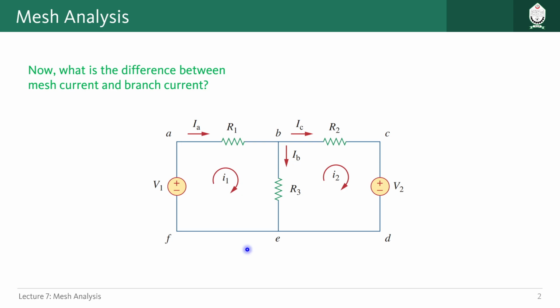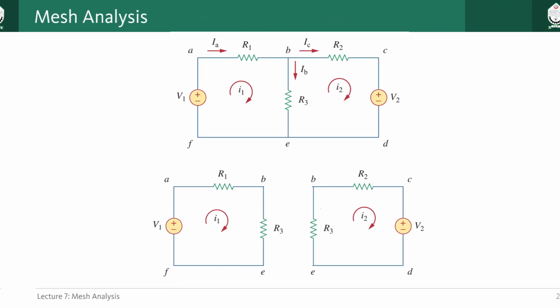Like let's say for this one, this IA current is the branch current for this branch with resistor R1. Same goes for this IB, IC. But mesh current is quite different from this branch current. Let us try to understand how that is different from branch current.